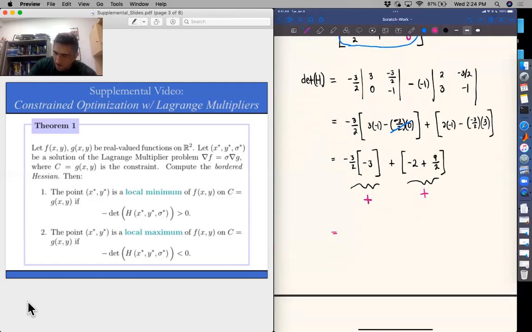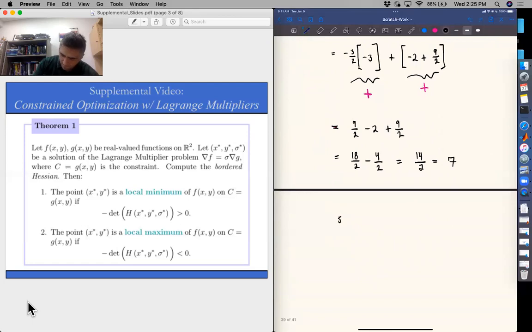All right. So just going through this last arithmetic, we have 9/2 minus 2 plus 9/2. If we find common denominators, we have 18/2 minus 4/2, which is equal to 14/2, or this determinant is equal to 7. So the determinant of our bordered Hessian is just equal to 7 itself.